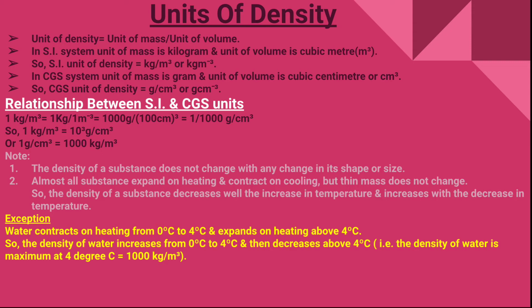Vice versa, when it is cooled down to 4 degrees centigrade, its volume decreases, but from 4 to 0 it expands. So the density of water increases from 0 to 4 degrees centigrade, then decreases above 4 degrees centigrade. The density of water is maximum at 4 degrees centigrade, that is 1000 kg per meter cube.